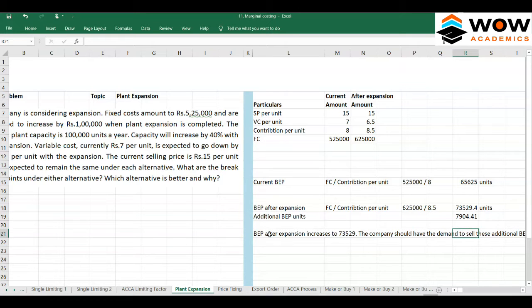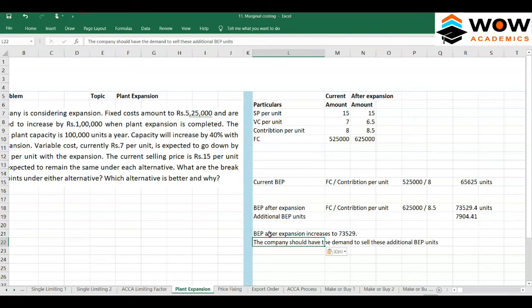So we can say that the company should have the demand to sell 7,904 additional units. If they have the market to sell, I think they can produce, but if they are unable to sell these additional units, they should not even think about expanding, because with expanding their fixed cost goes up.